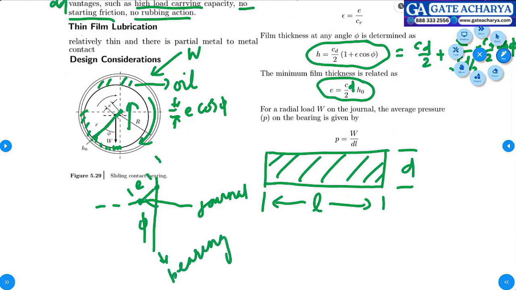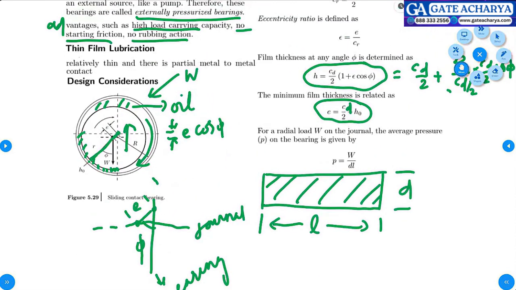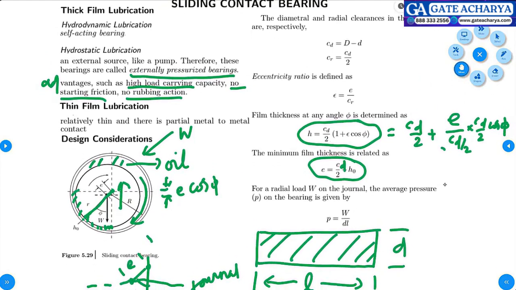Vertical axis, horizontal axis, join radially. Then the angle made with the vertical is nothing but your phi. Right. Do you understand?